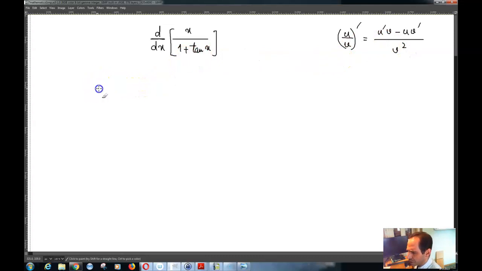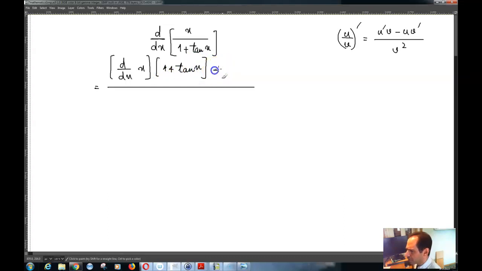So you can write this as d by dx of x times 1 plus tan x, minus x times d by dx of 1 plus tan x, over 1 plus tan x whole squared.